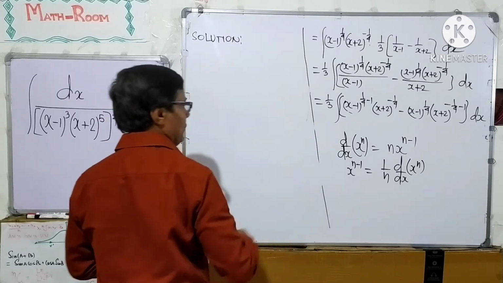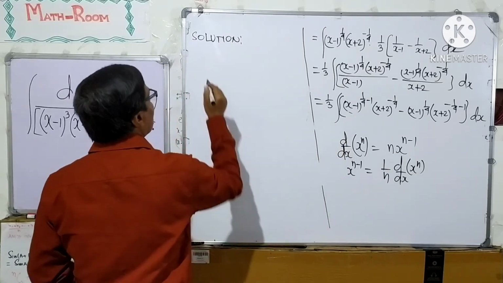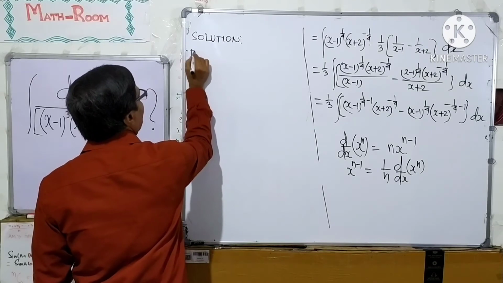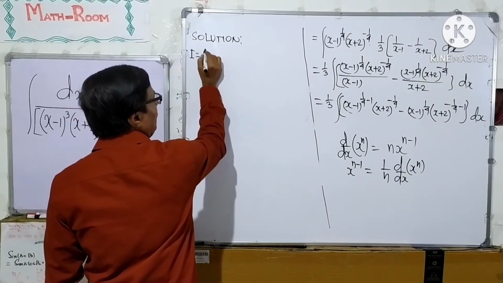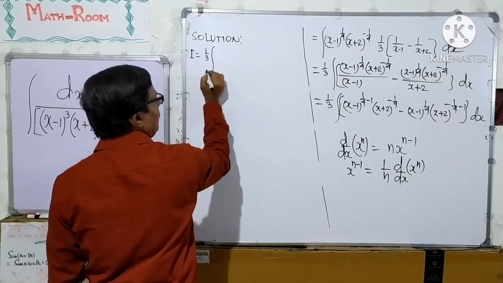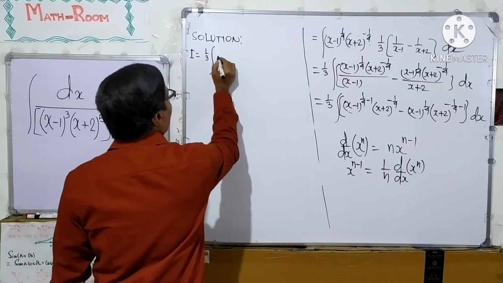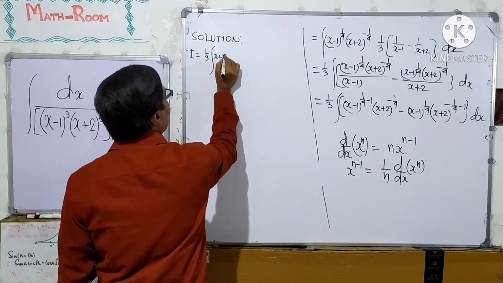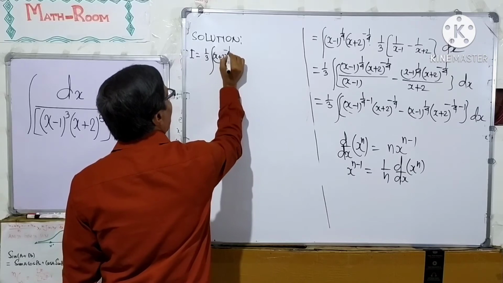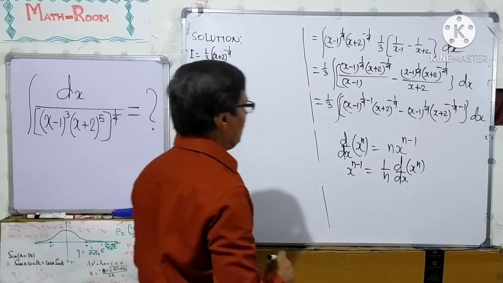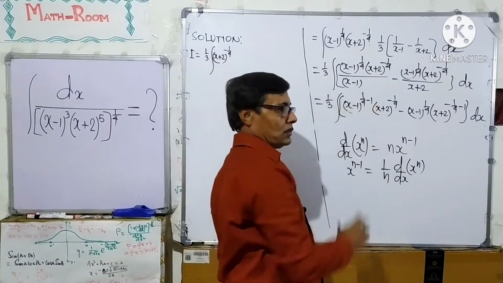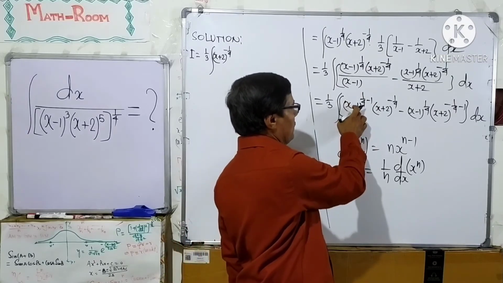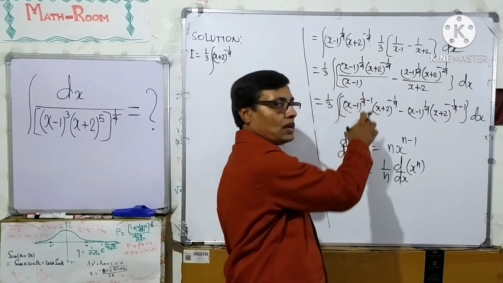By applying this relation, we get I equal to 1/3 times (x plus 2) to the power minus 1 over 4. Here x to the power n minus 1, x means x minus 1, and n is 1 over 4.